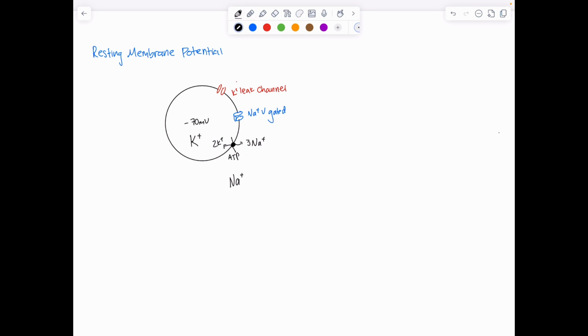But with the potassium leak channel, we have this gradient that is pulling potassiums out. And so potassiums are leaving behind these negative charges, which is causing that negative voltage inside the cell.